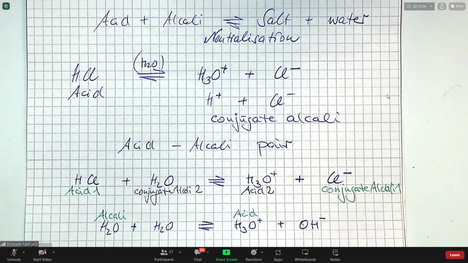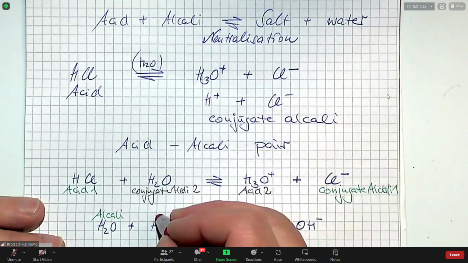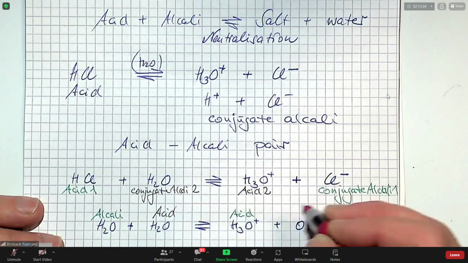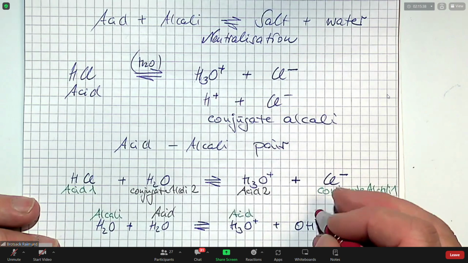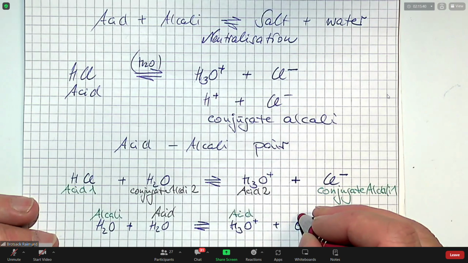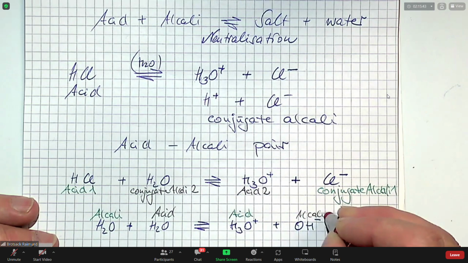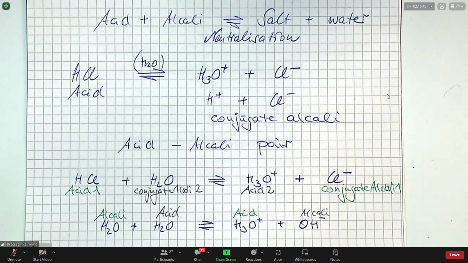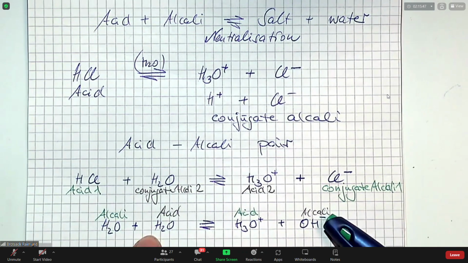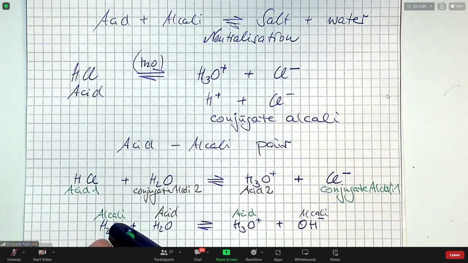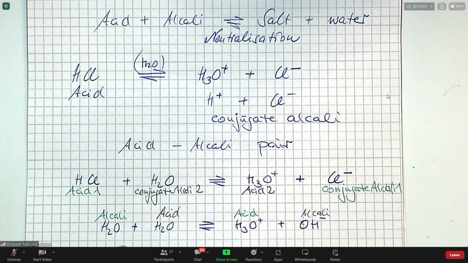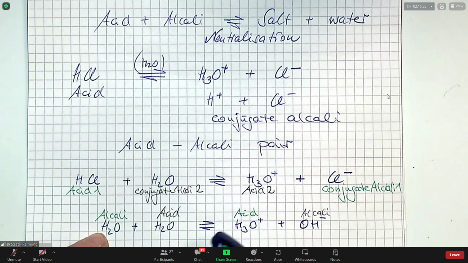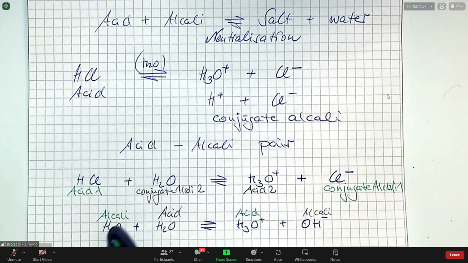And when this one acts as an acid, then this is the conjugate alkali. Alkali is accepting a proton, and the acid is delivering a proton.